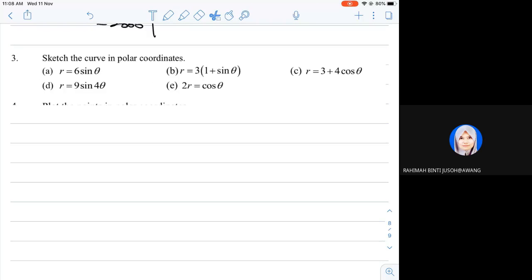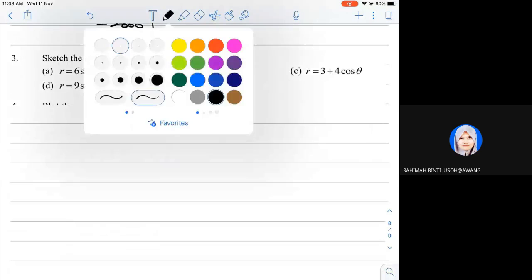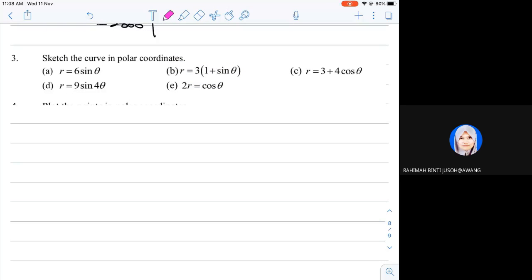Question number 3A, 6 sin theta. Of course, like a circle. Where is the position of the circle? Atas. Y. Atas. Okay, circle tu dekat atas. Automatic, you dah tahu dah. Oh, dia X, Y, Z dekat sebelah atas. Okay, settle.